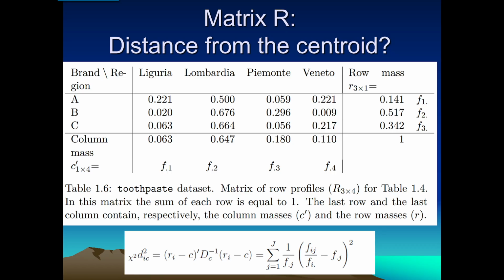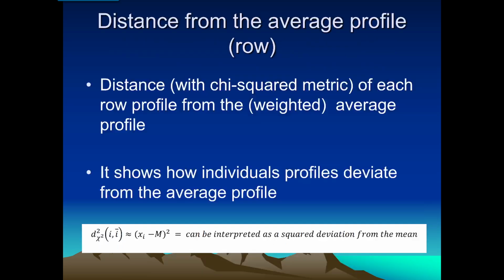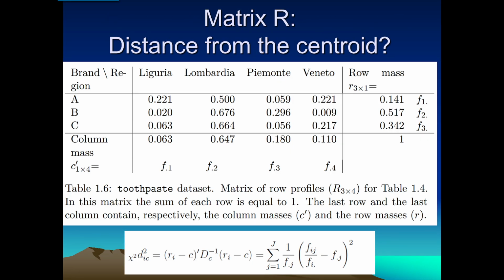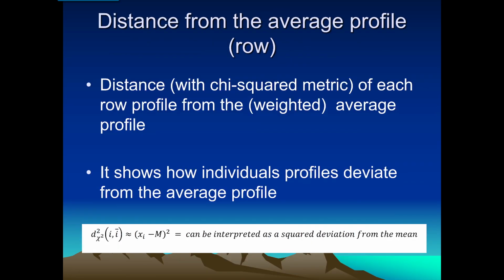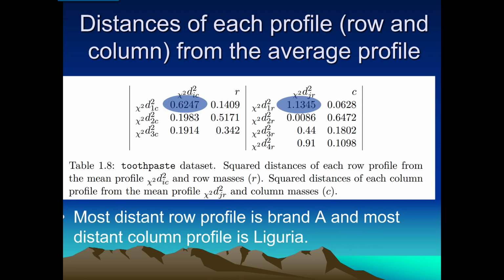So you have three distances: the distance of A with respect to the centroid, of B with respect to the centroid, and of C with respect to the centroid. This distance can be interpreted as a squared deviation from the mean.